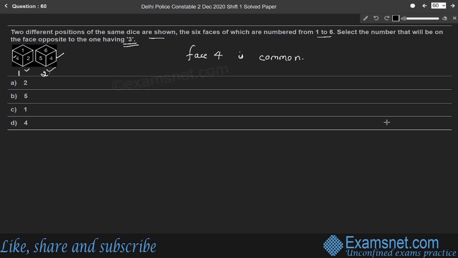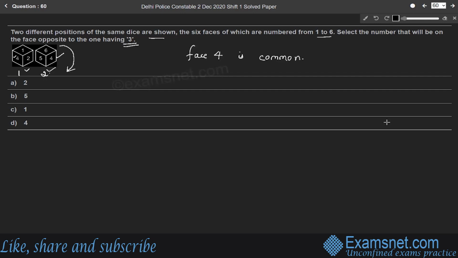If two dice positions have one common face, we have to write the order of the faces in clockwise direction, starting from the common face.